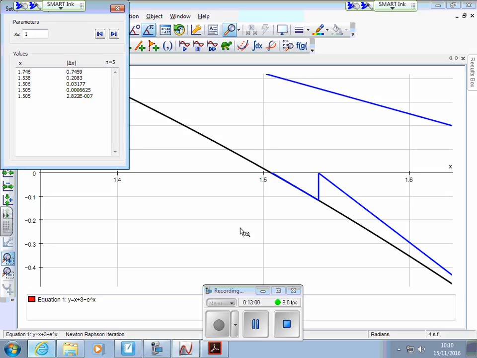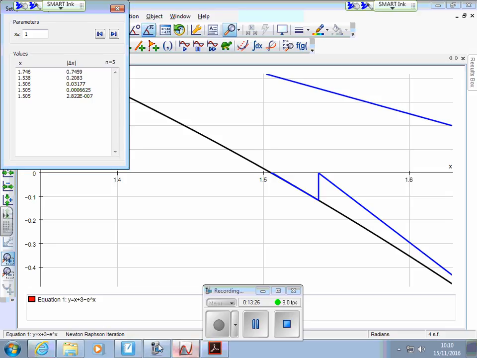If you don't have the skill, or there isn't a method in your armory to differentiate the function that you've got, no, you can't use Newton-Raphson. You can graph it to get a rough idea.